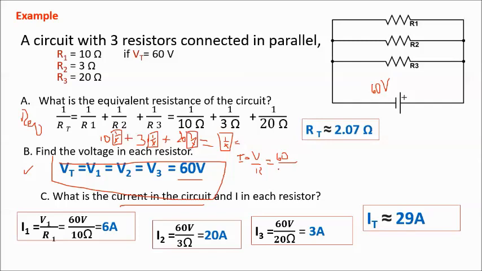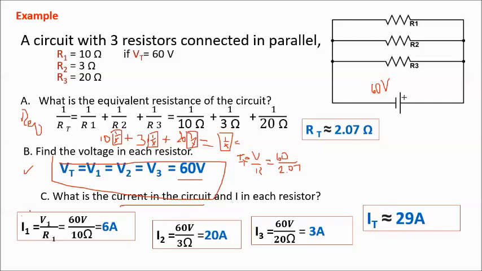Divide natin yun ng approximate value of RT, 2.07. So, yung value naman dito sa I total is approximately 30. That's between ranges from 29 to 30. But then, again, use your calculator to have an exact value.